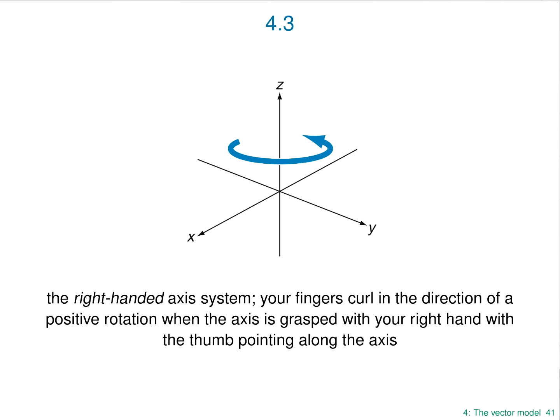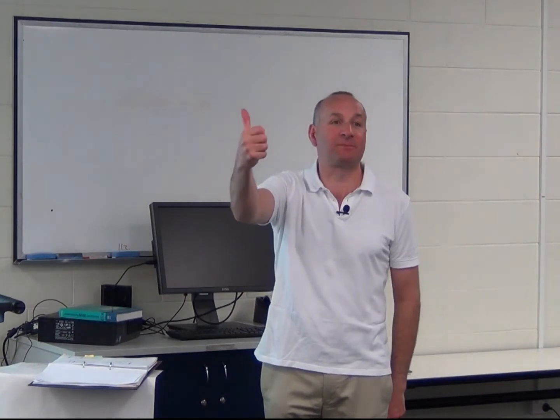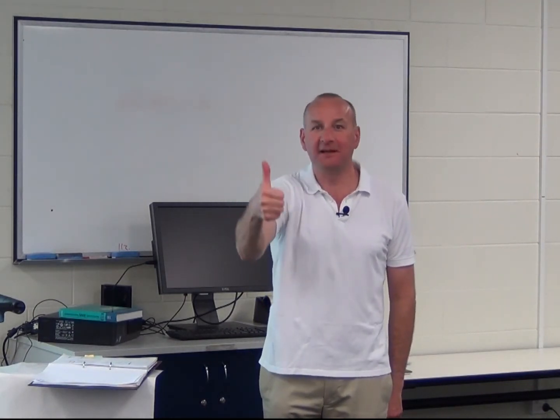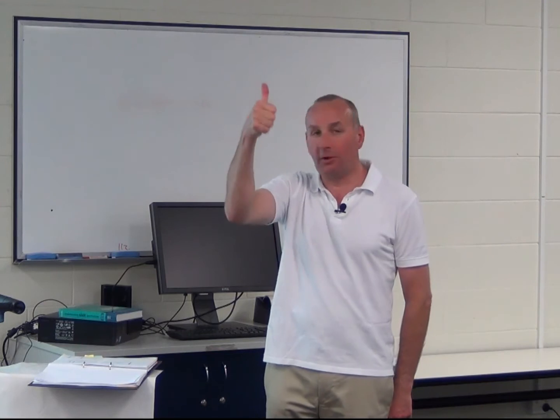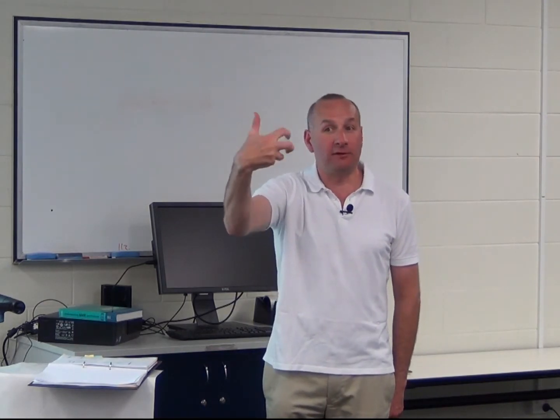Now, before we proceed, we should have a little word about the axis system we're going to use. We're going to consistently use a right-handed axis set, which is like this, and a positive rotation is described in this way. If you want to rotate in the positive direction about Z, you grasp the Z-axis with your hand, point your thumb along the plus Z direction, and your fingers curl in the sense of a positive rotation.